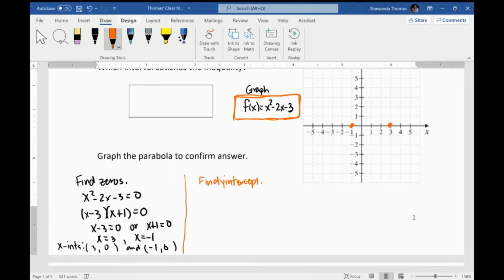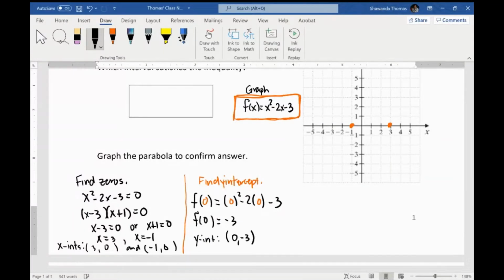So f of 0 equals negative what? 3. Very nice. So as a point, the y-intercept is 0, negative 3. Very good.